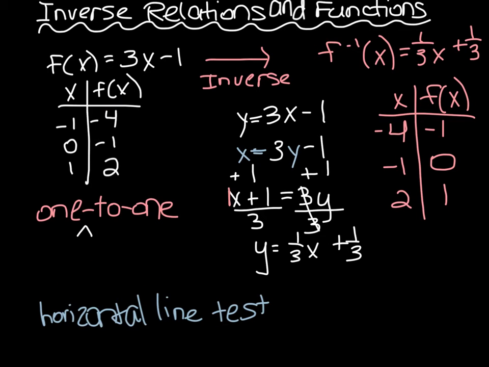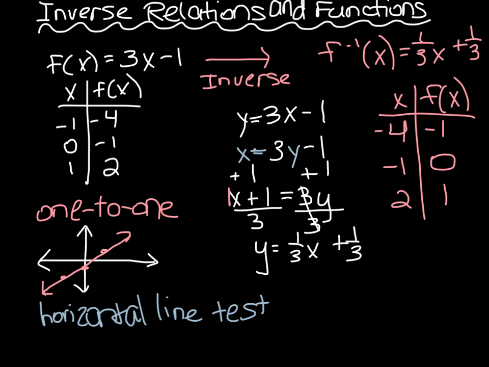So if we were to think of this on a coordinate plane, and our original function is in pink, the points would be approximately here. This is my function. It passes the horizontal line test because no matter where I draw a horizontal line, it's only hitting the function in one place.